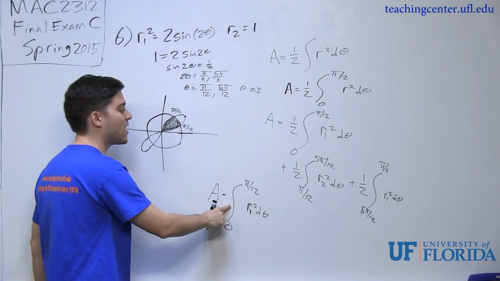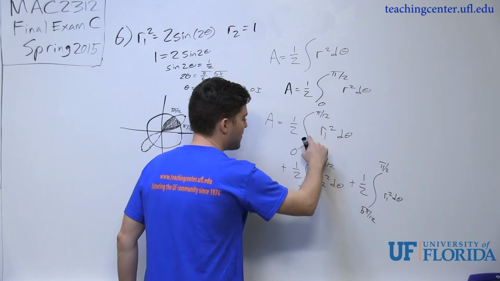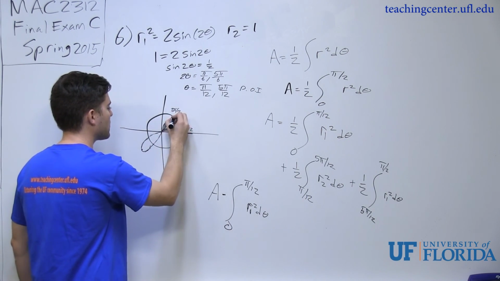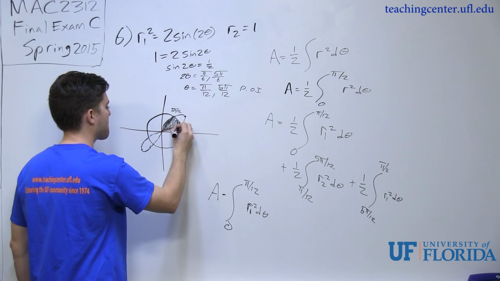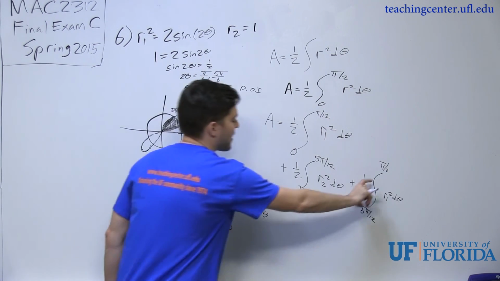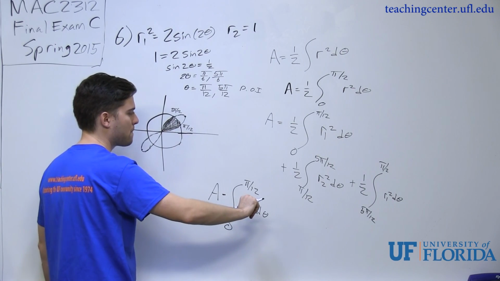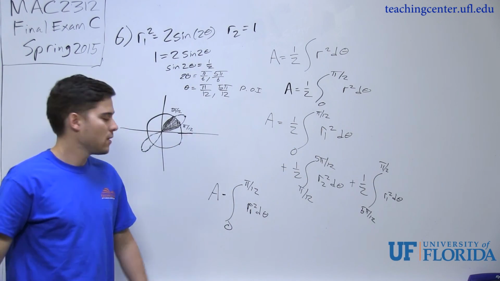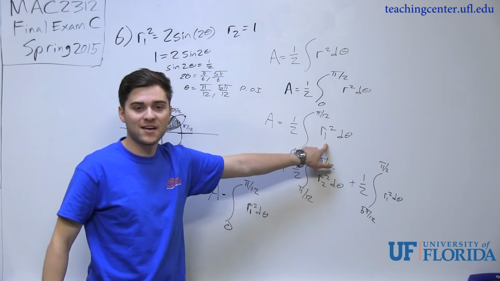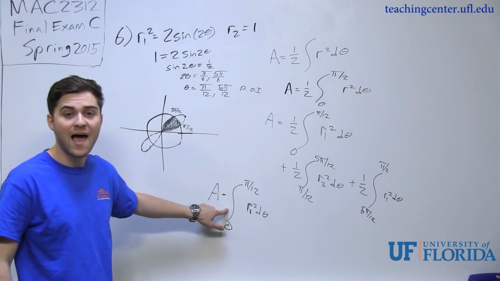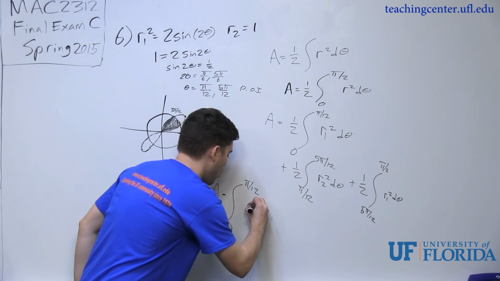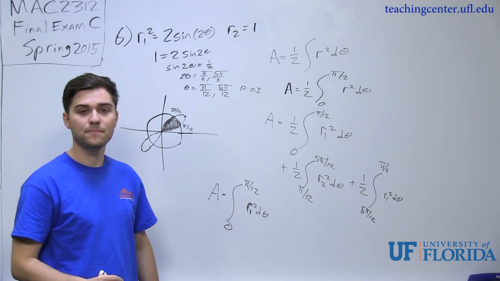And if you'll notice, the 1/2 is gone because this plus this will give me both of these little areas inside of here. Adding those together, because they are symmetrical, this can go away and just be combined into this. So now I don't have a 1/2 in front of there anymore. It's just 0 to pi over 12 R1 squared d theta.